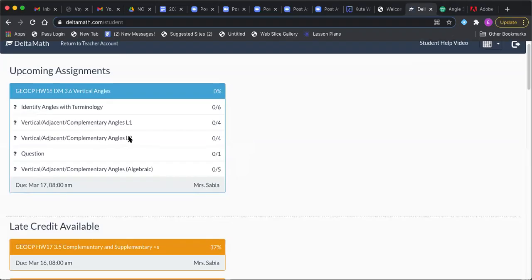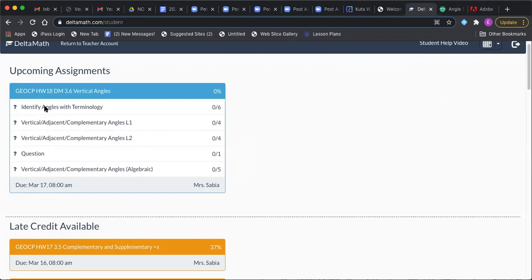Okay, so let's share this. Got it. All right, so when you come on in, you should see homework 18 at the top here. So very similar to yesterday, you're going to see that there's a bunch up at the top here that are pretty straightforward. They're just numbers. Then you'll see that I inserted my own question, just like I did yesterday, saying, hey, from here on out, I need to see your work.